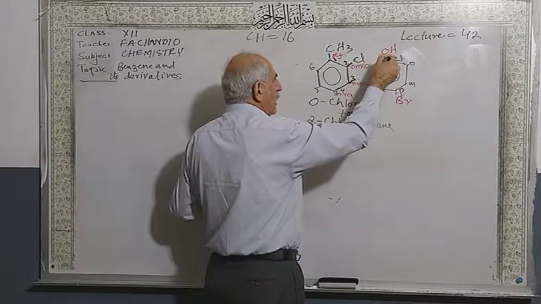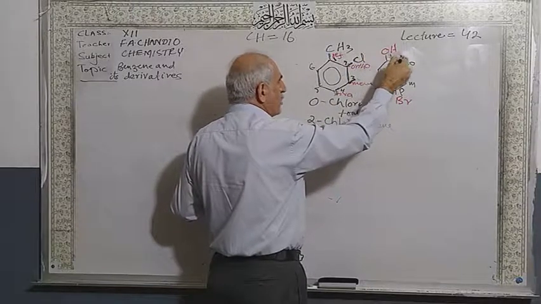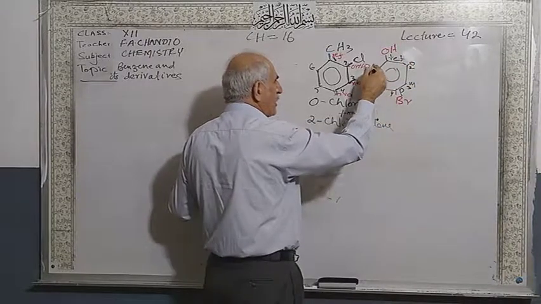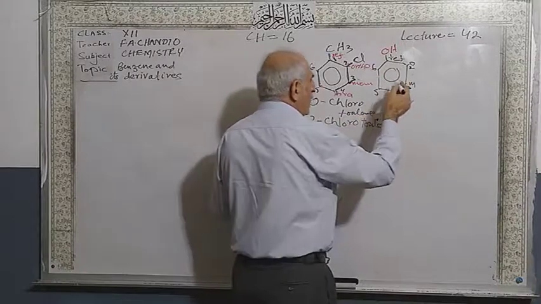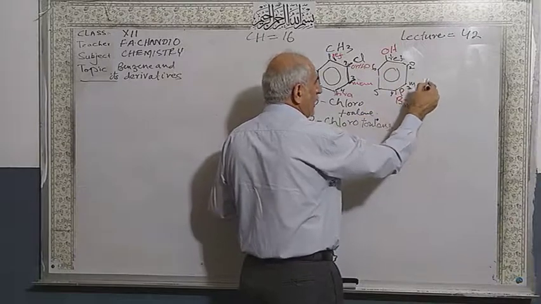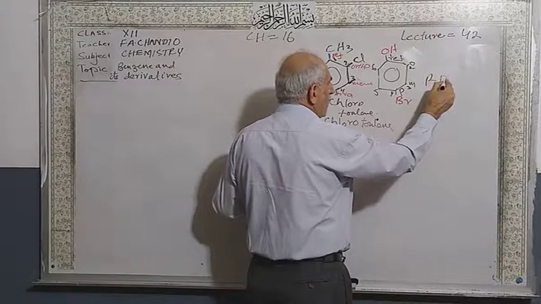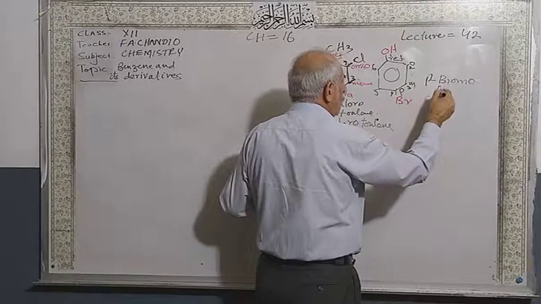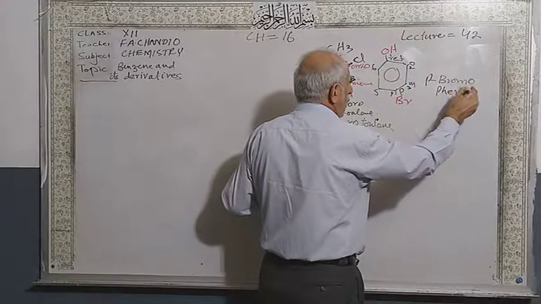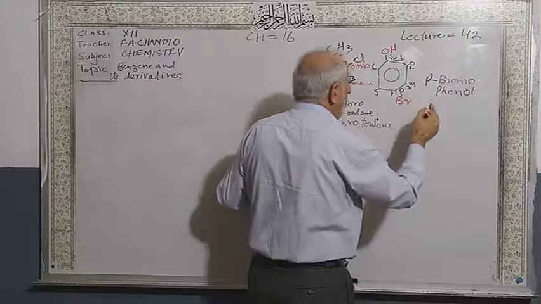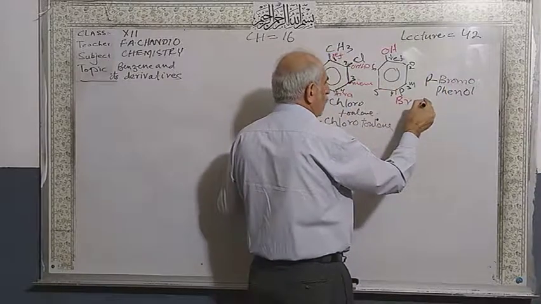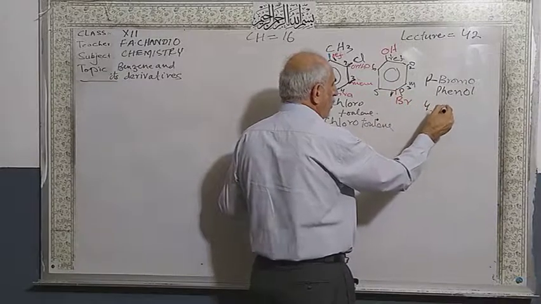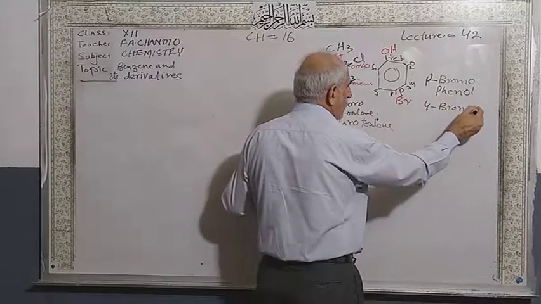Or starting from here, this is position 1, position 2, position 3, position 4, position 5, and position 6. Alphabetically, this is the para position, so we write p-bromophenol. Para bromophenol, or we call it 4-bromophenol.